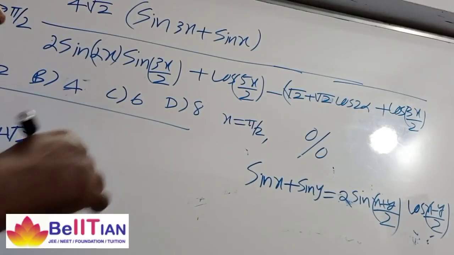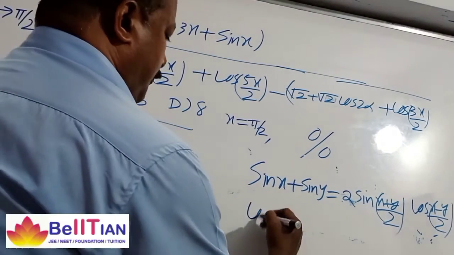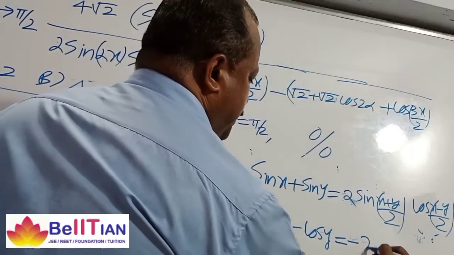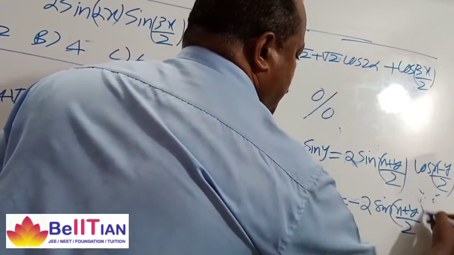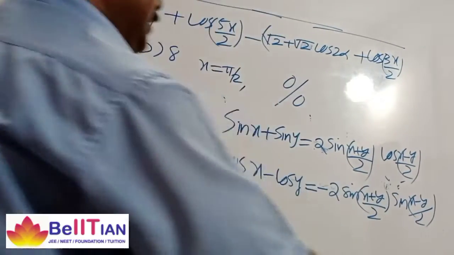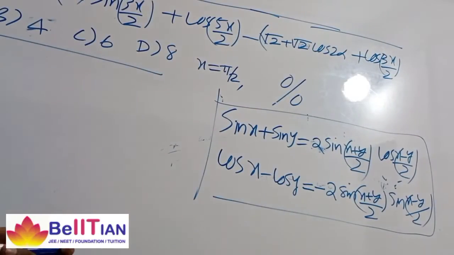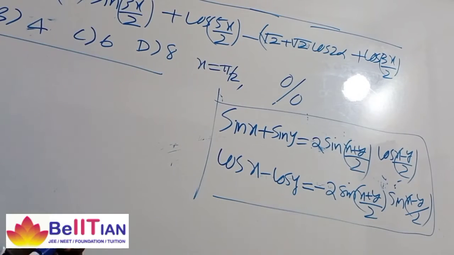This is what we have studied in the previous classes. Similarly, we also know cosine x minus cosine y is equal to minus 2 sine (x plus y) by 2 times sine (x minus y) by 2. These are trigonometric identities. I use these two identities to solve this limiting problem.